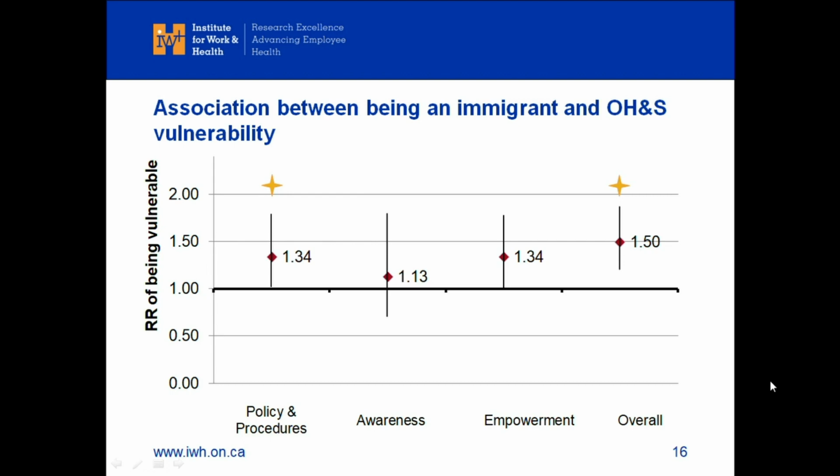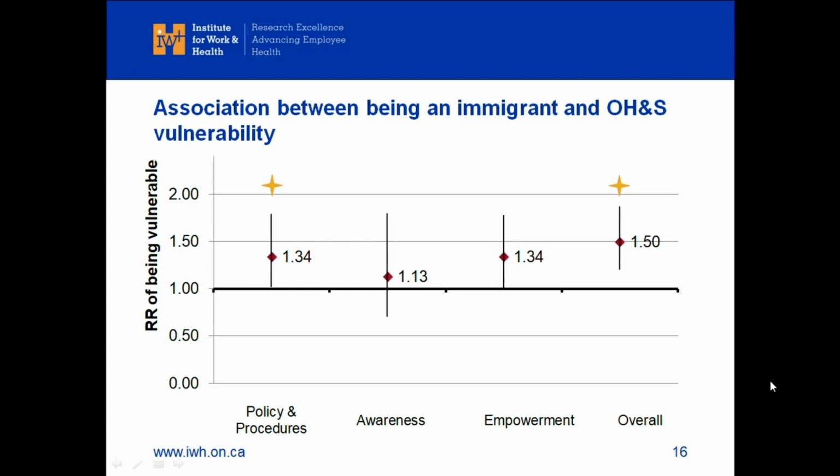Here's what it looks like when we examine each dimension of vulnerability, or each type of vulnerability, separately. So we still have a significant overall vulnerability finding, but we also find that policies and procedure vulnerability is higher among immigrant workers than it is among the Canadian-born Ontario population.